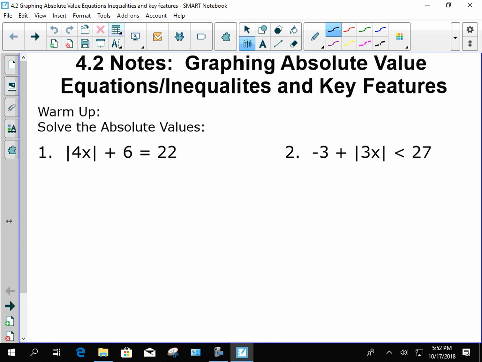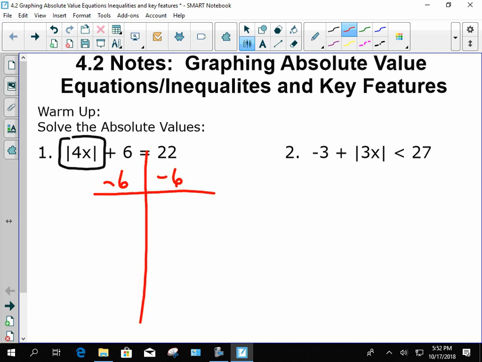All right, first thing I need to do, I got to get my absolute value all by itself. So I'm going to subtract 6 to both sides. Oh, I didn't say this, but you should have already done the warm-ups. That's kind of a procedure thing. So I have the absolute value of 4x equals 22 minus 6 is, no one's going to say anything, so I'll just say it, 16.